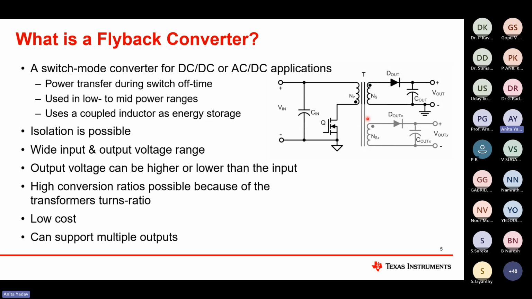So the first question we should ask is why we need isolation. If we see in our home, we have a universal AC line which is 230 volt AC, 50 hertz. In DC terms it will be root 2 times, which means almost 325 volt DC, which will appear at this cap C in, and our charger has standard output specifications of 5, 9, 15, 20, which means we are directly stepping down from 325 volt to a minimum of 5 volt.